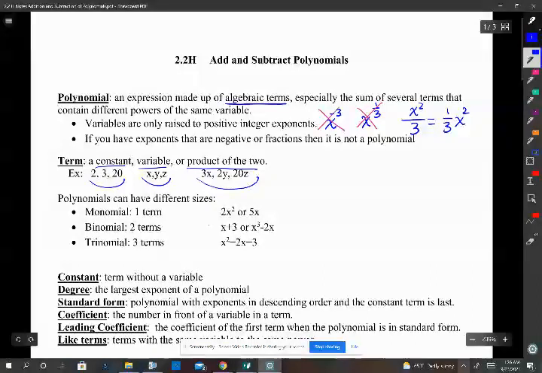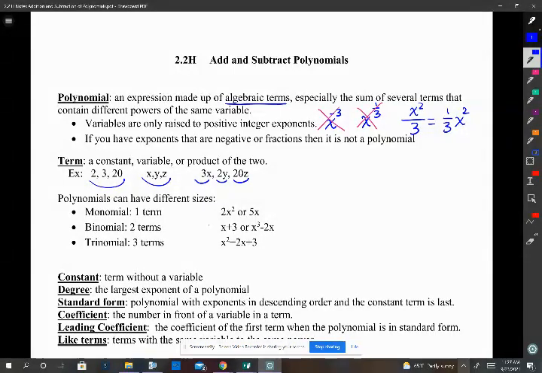So a term is 3x, 2y is a term, 20z is a term. We're not adding or subtracting those, so we're just talking about each one of them individually.